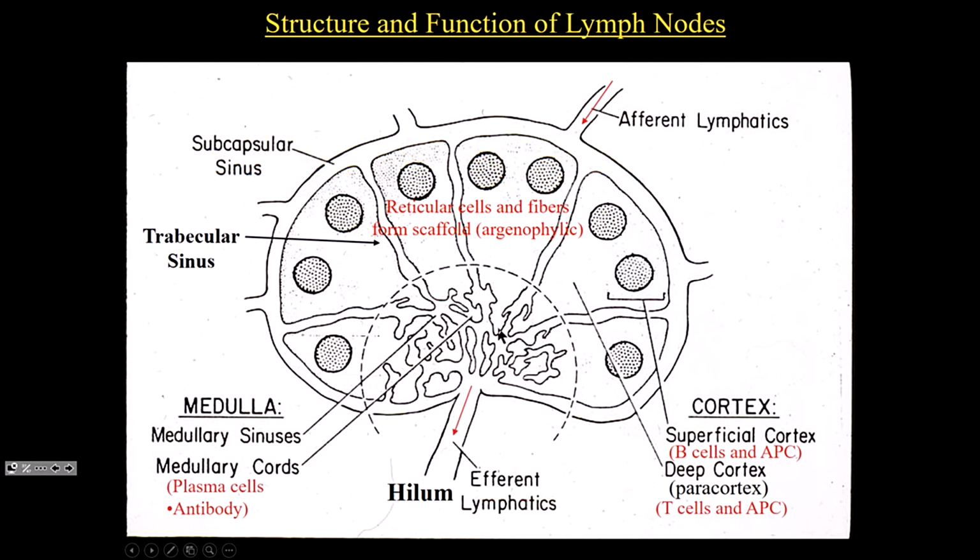And in between the medulla and the lymph nodes, in nodules, in this paracortical region, we tend to get an aggregation of T cells. So B cells and T cells are differentially aggregated in different parts of the lymph node. Okay, B cells in the cortical nodules, T cells predominantly in the paracortex of the lymph node.